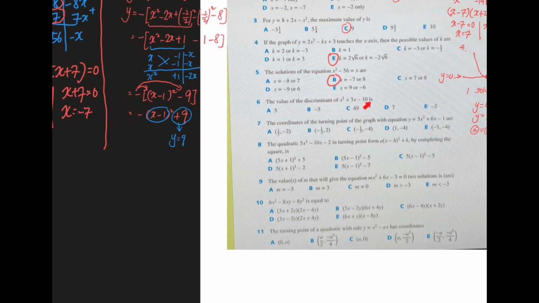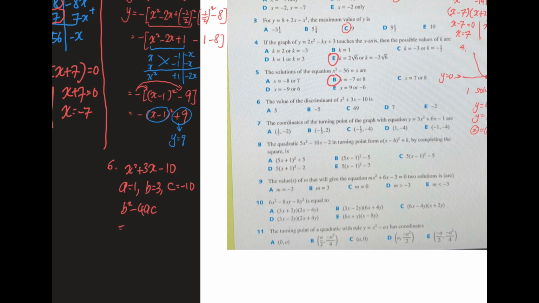Okay, then we look at number 6 then. The value of the discriminant of this is, okay, so we need to know discriminant is actually b squared minus 4ac. So we do it here, question 6. x squared plus 3x minus 10. So a is 1, b is 3, c is minus 10. So they want us to find the discriminant.